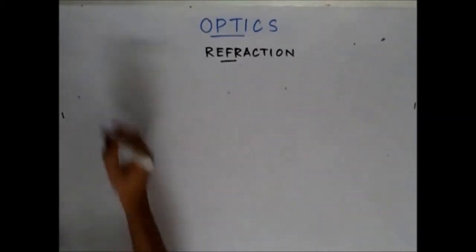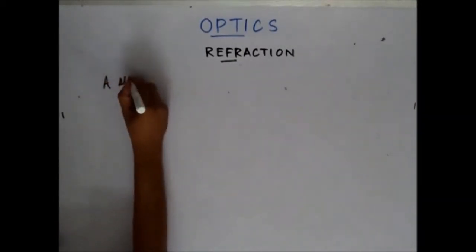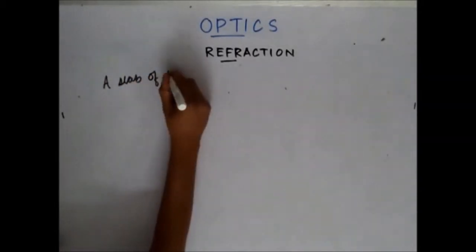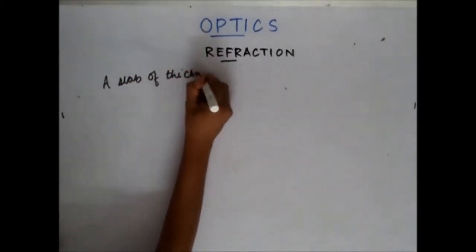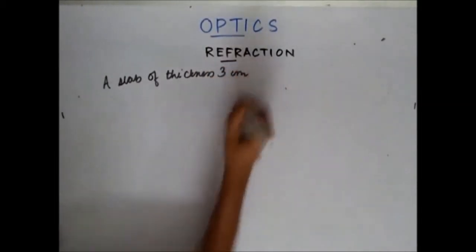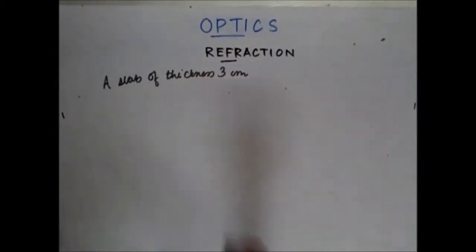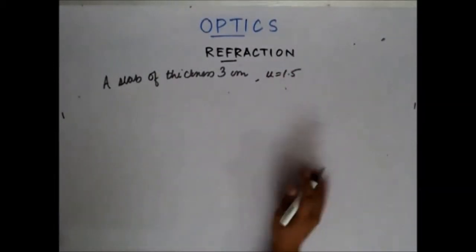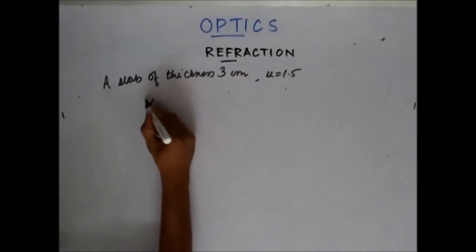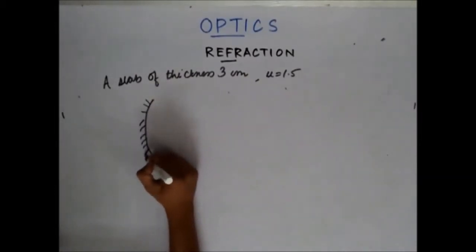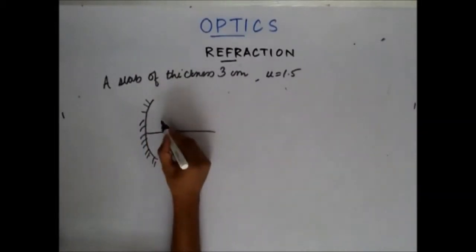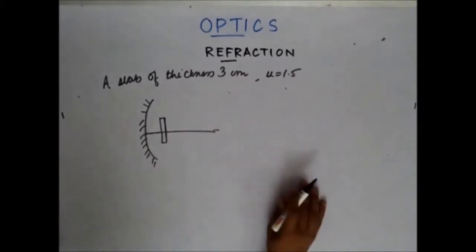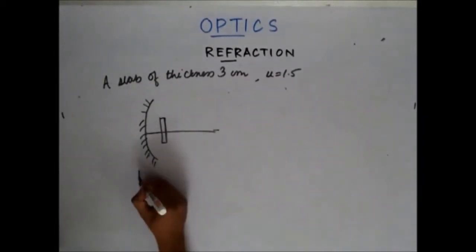The question is, a slab of thickness 3 centimeter and refractive index 1.5 is introduced normal to a concave mirror, close to the pole of the concave mirror of radius of curvature 40 centimeter.